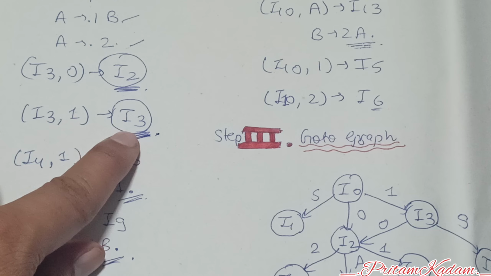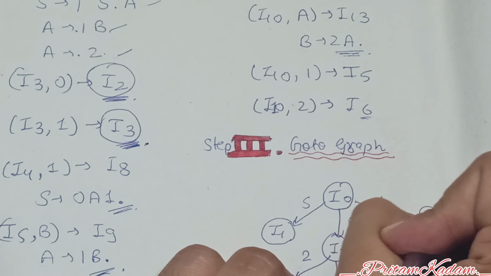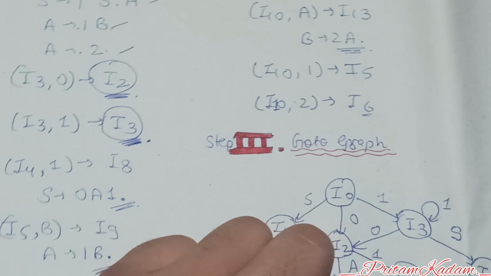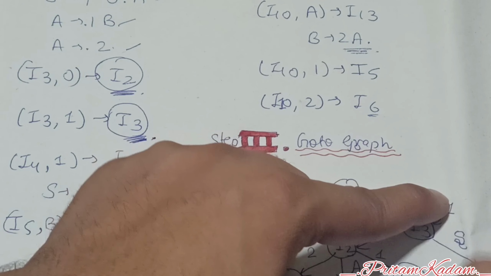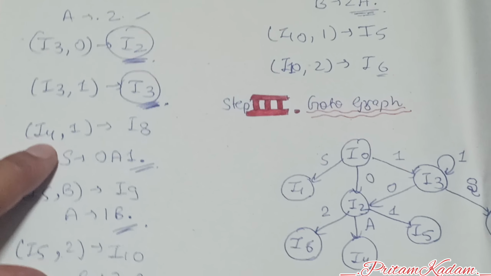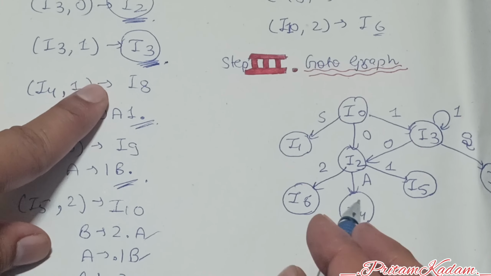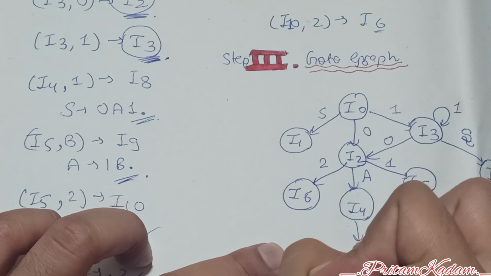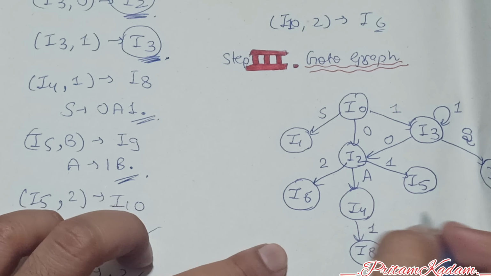Now on 1, it produces I3 itself, so I will have a self loop and I will write 1 above it. Now on passing 1 in I4, we got the I8 state, so an arrow, 1 over here, and then the resultant state I8.